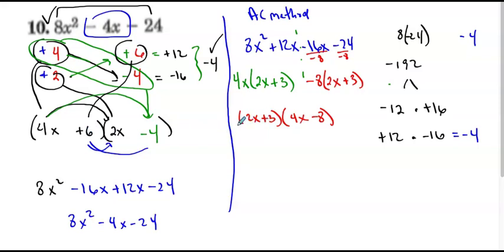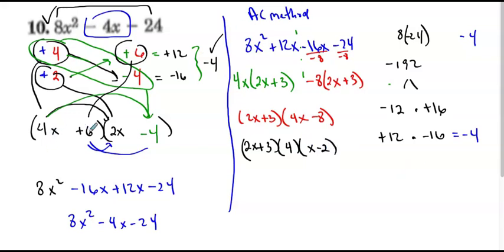Now, there is a reason why this is a little different. 2x plus 3, 4x minus 8. If you notice 4x minus 8, 4 and 8, there's a common factor in there. So 2x plus 3 is fine, but I could factor out something from the 4x minus 8. I could actually factor out a 4 from there, and I'm left with x minus 2.